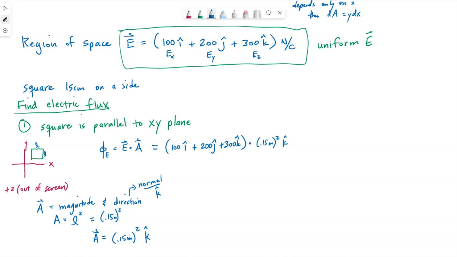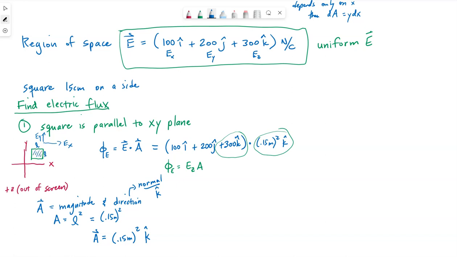well, the only component of the electric field that is actually passing through this square is the z component. And we may very well recognize that up front and just say the z component times the area. Because any x component of electric field can't pass through. The y component cannot pass through this square over here.